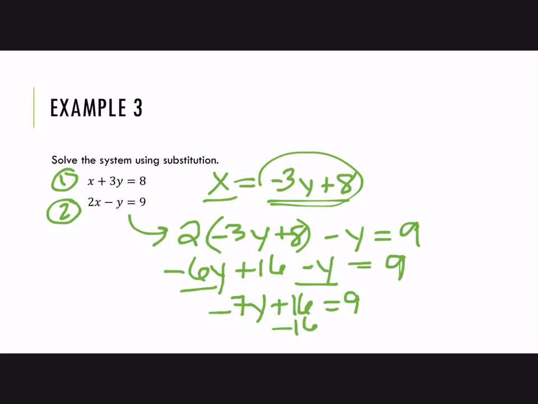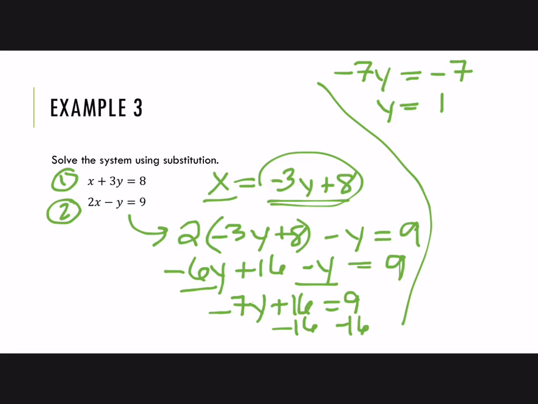Subtract 16. Now I'm actually solving. That gives negative 7y equals negative 7, and then divide both sides by negative 7, and we see that y equals 1. So I know y is 1.